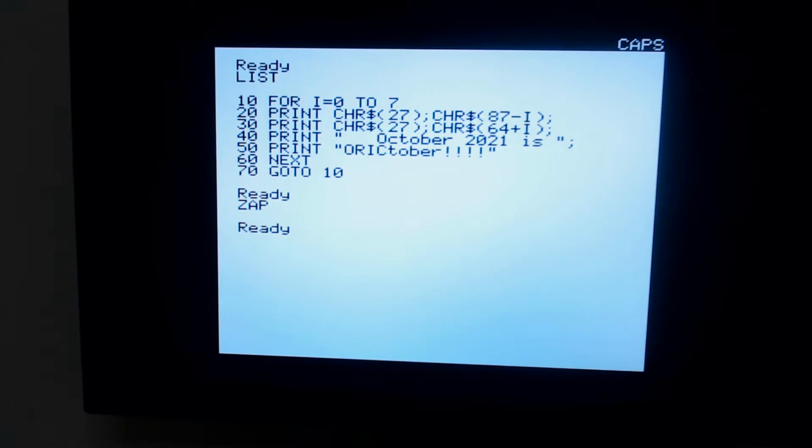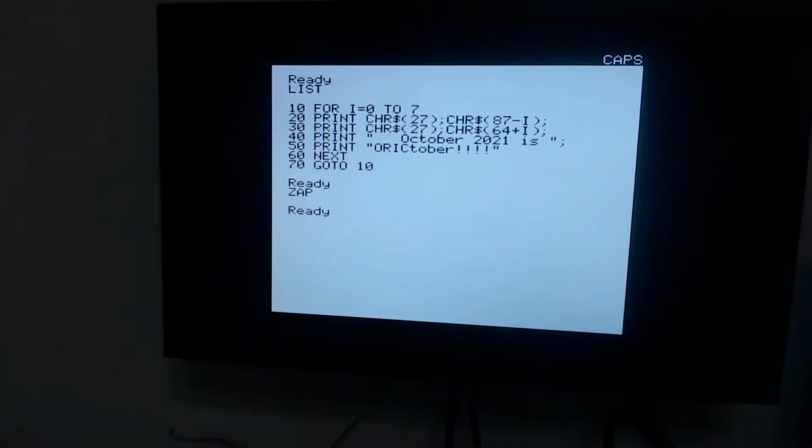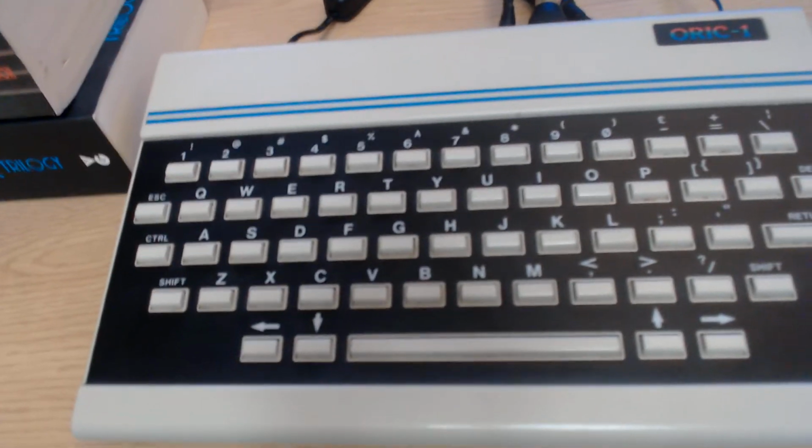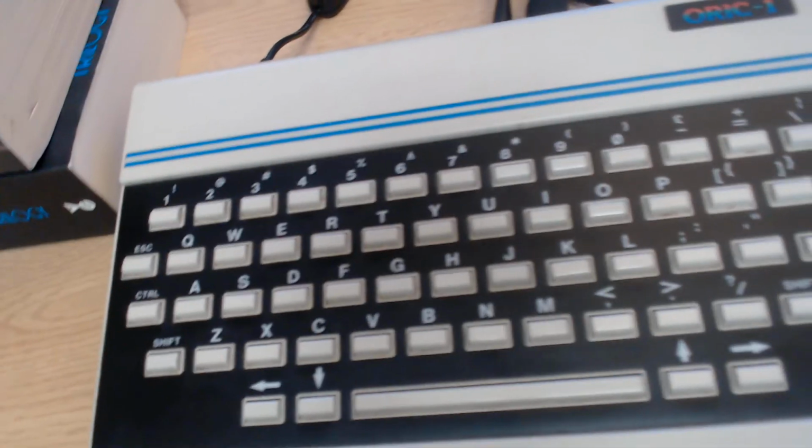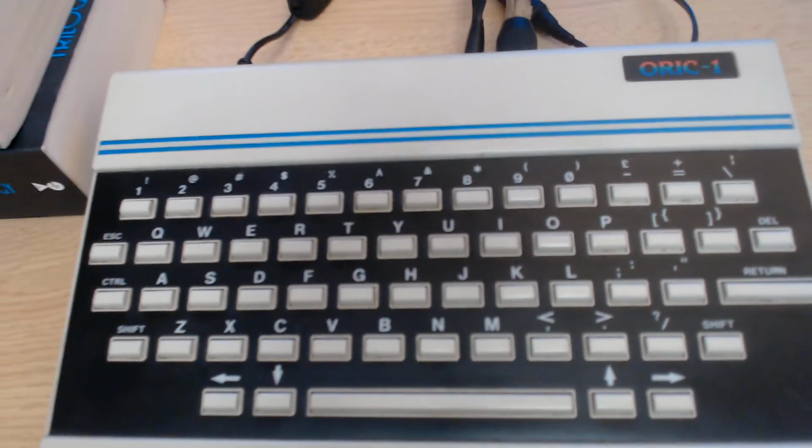So what that was is the sound generated by the AY38912 sound chip, which is the one that you would find in the MSX and also later on in the Atari. So it had quite good sound compared to the Spectrum.